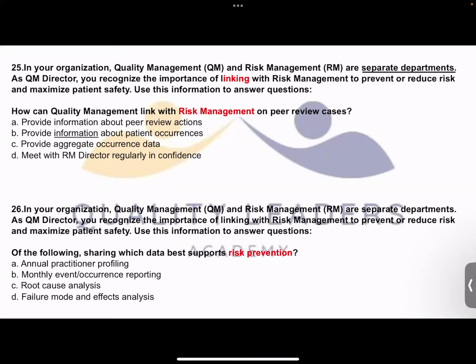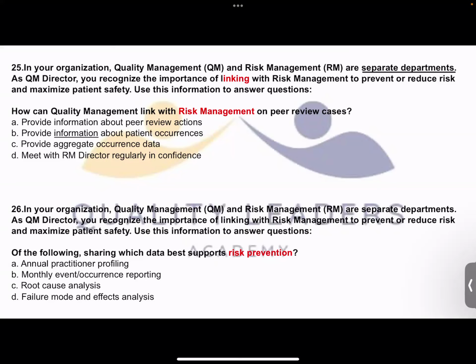Why? Peer review can find out the patient occurrences. Okay. The correct answer here is letter C. Provide aggregate occurrence data. The reason is linking the quality management with the risk management on peer review cases involves sharing aggregate occurrence data, which provides the trends and patterns of adverse events or quality issues.